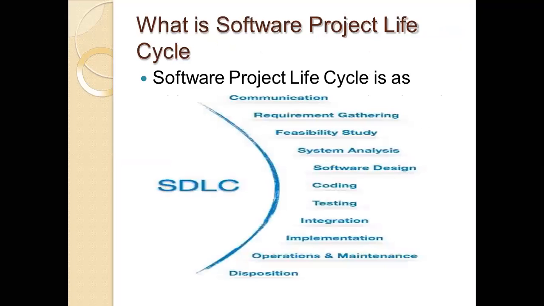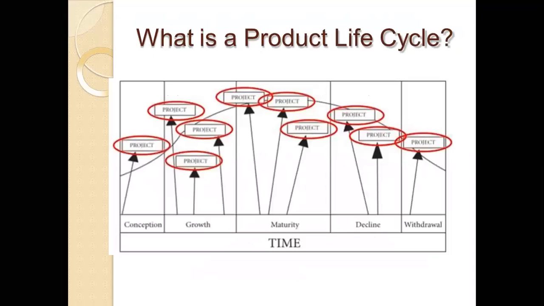What is the software project life cycle? The software project life cycle is quite similar to the SDLC. It involves communication, requirement gathering, feasibility studies, system analysis, design, coding, testing, integration, implementation, operation, and maintenance. That is the SDLC.